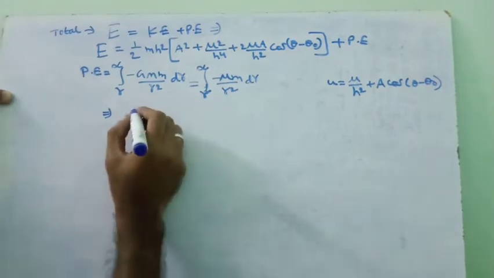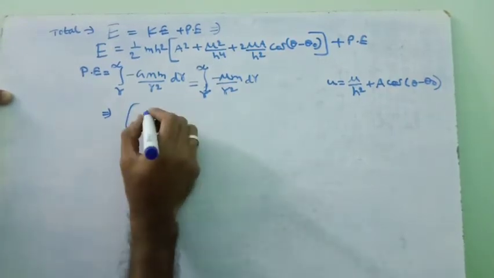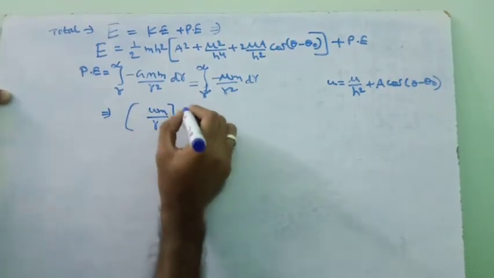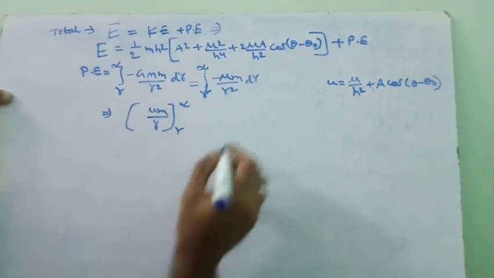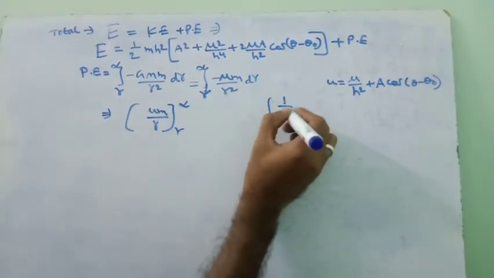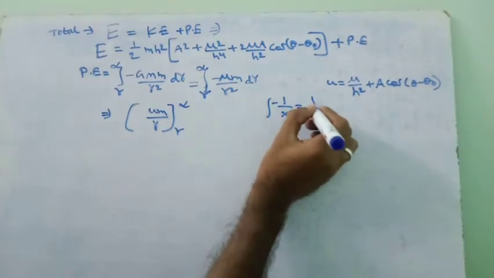We get mu m by R, from infinity to R. So the integration of 1 by x square is minus 1 by x.